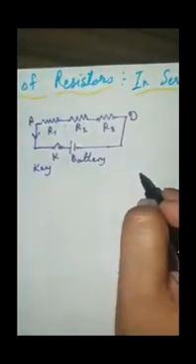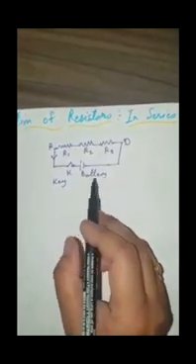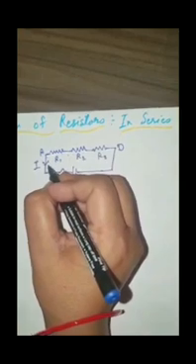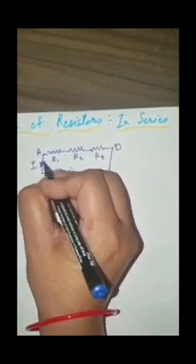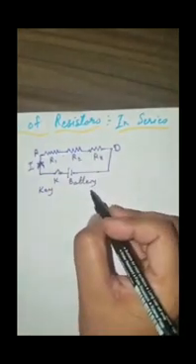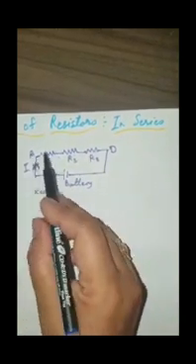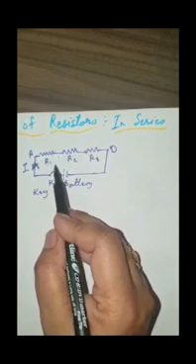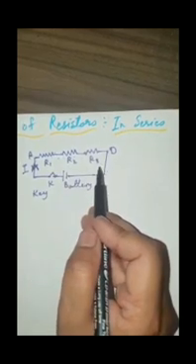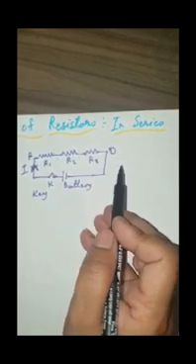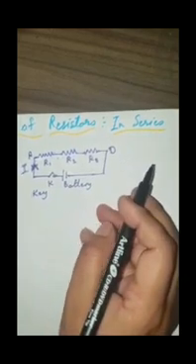Now when the circuit is closed, you can see from here, the key is closed, the same current I drawn from the battery passes through each of the resistors R1, R2 and R3, because this is the only path for the current to flow.